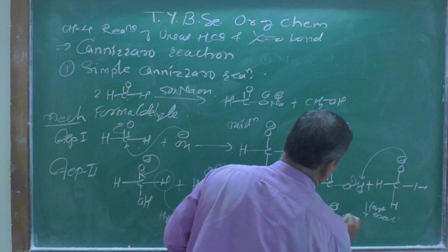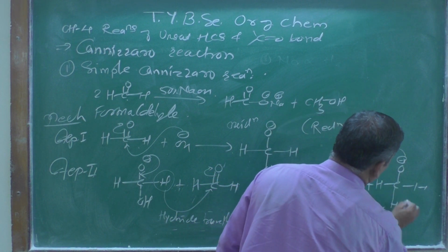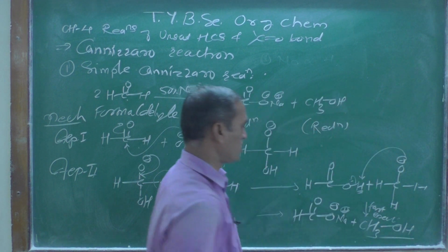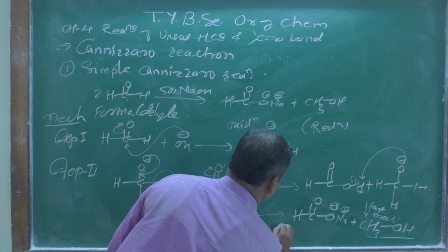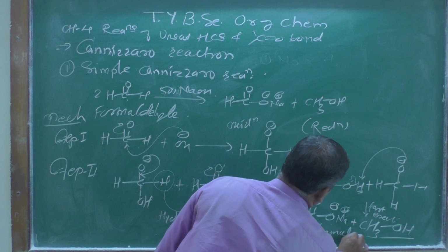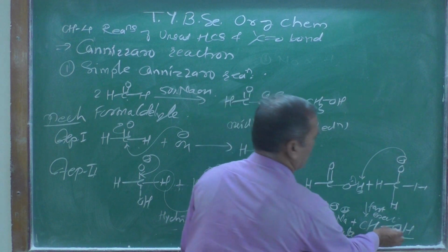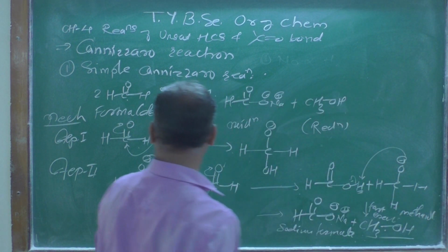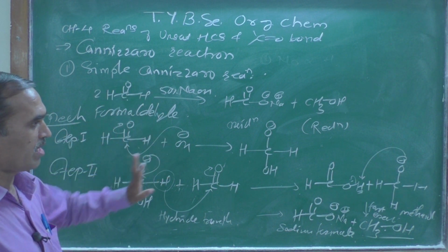It comes here, plus you can write here CH3OH. This is the sodium salt of formic acid. This is called sodium formate. The name of this compound is sodium formate, and as we know the name of this compound is methanol, right?